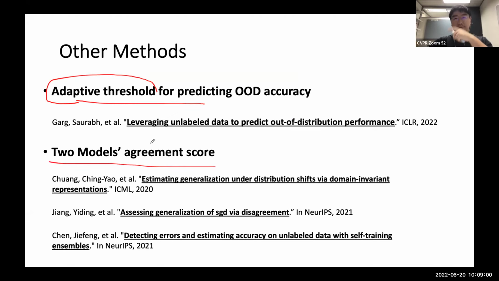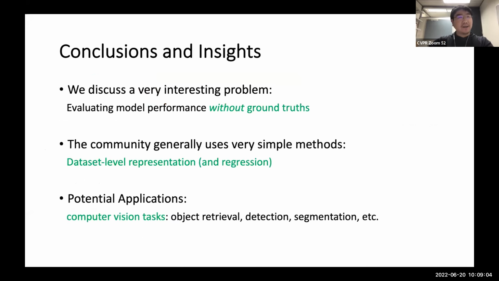Okay, so I'm going to conclude my talk. In this talk we discussed a very interesting problem, that is how to evaluate models without ground truth. And the community generally uses very simple methods now, that is dataset-level representations and regression.